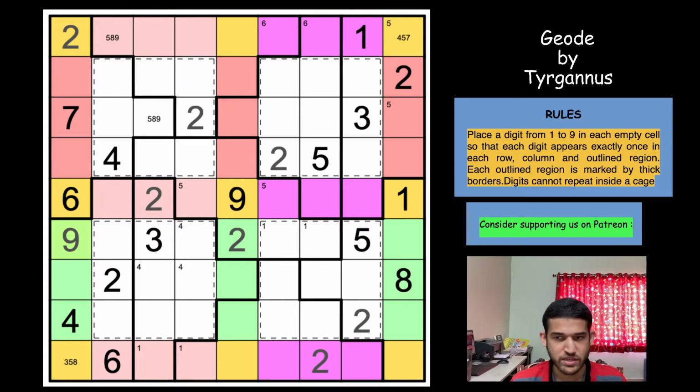Okay, now row 7 column 1, just writing some candidates there, 1, 3, 5. Okay, look at row 6 column 9 and it is part of a green region, so it cannot be 2, 4, 8, 9, 1 and 5, so it is 3, 6 and 7, and 3 is also ruled out, 6 and 7.